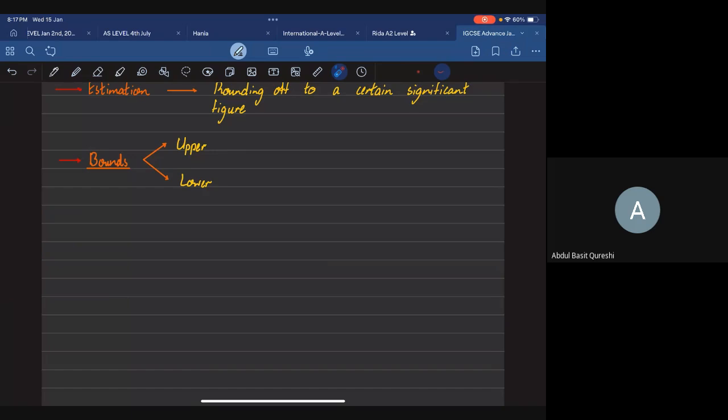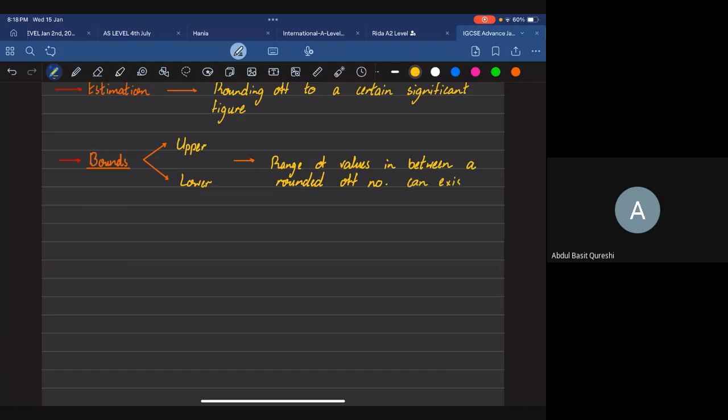Now, always remember that bounds, if we were to simplify what they are, are essentially a range of values in between which a rounded-off number can exist.